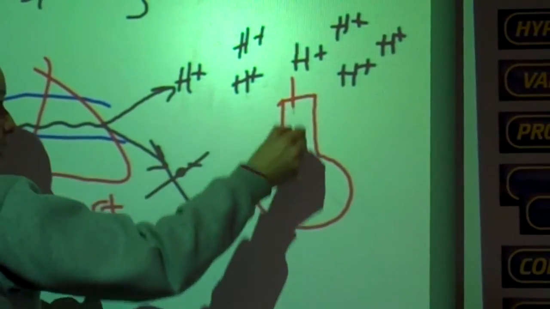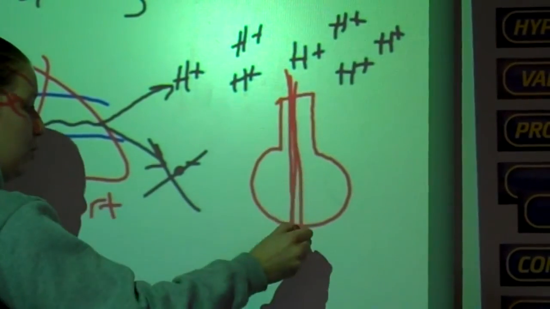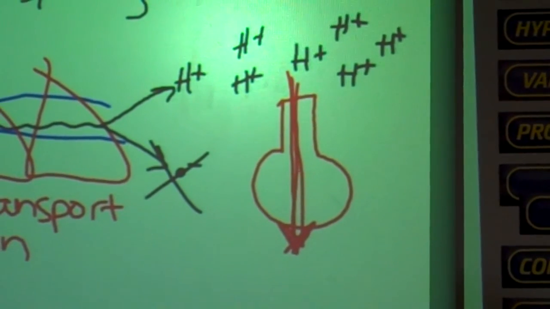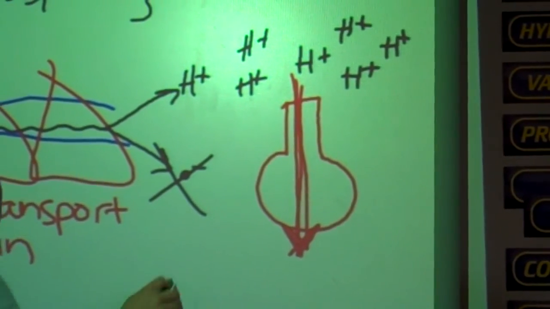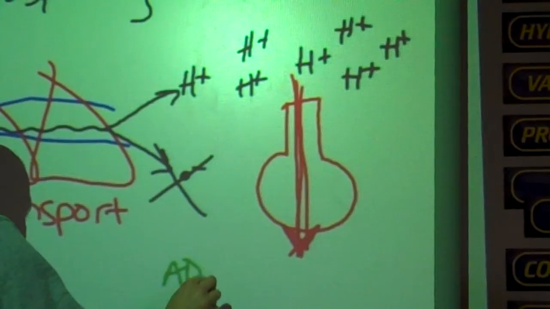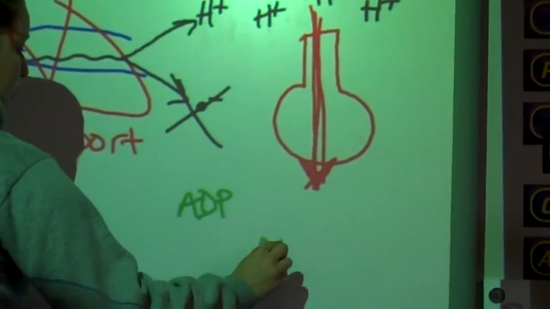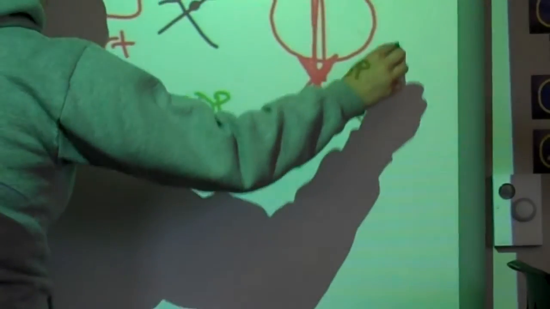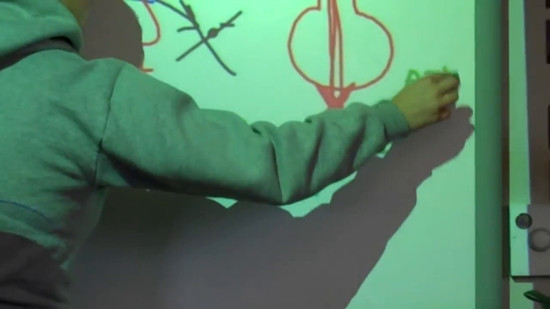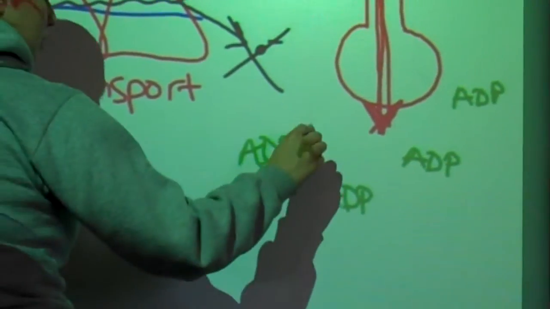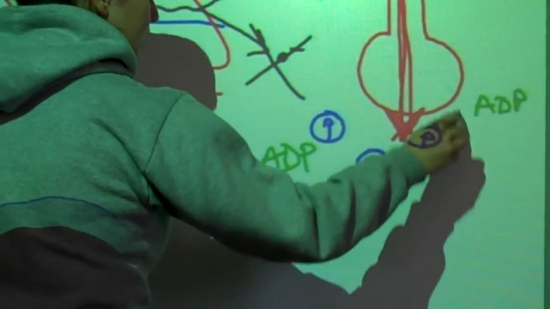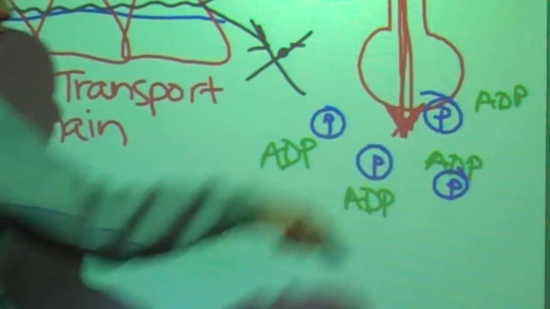As they build up over here, they're going to start moving through this ATP synthase. On the other side of that ATP synthase are a bunch of free-floating molecules of ADP and phosphate. Remember, anytime we have the P, that means phosphate. These are all just free-floating around.